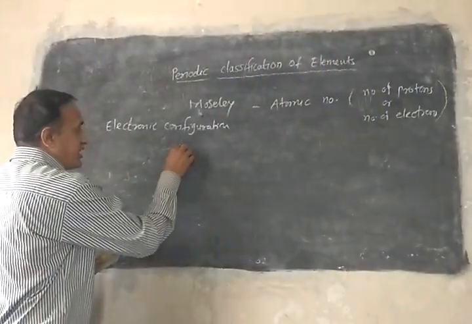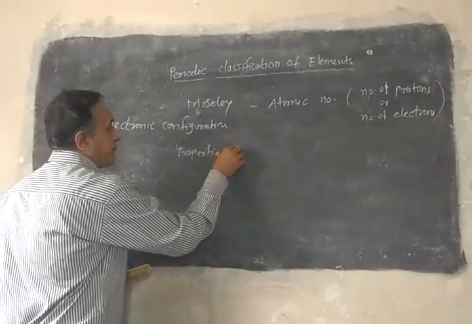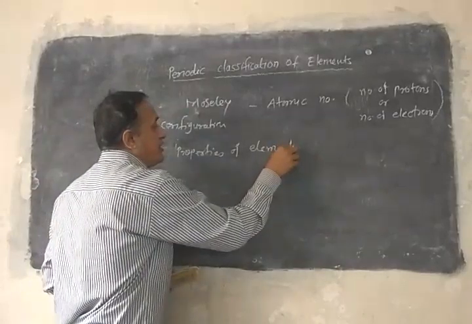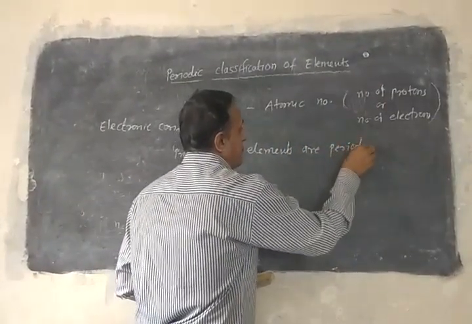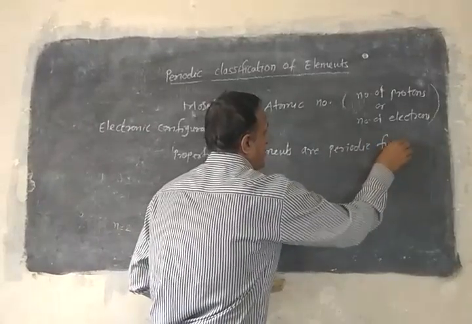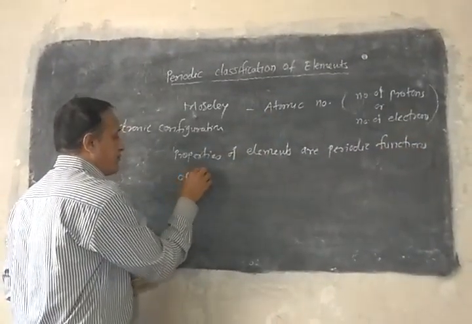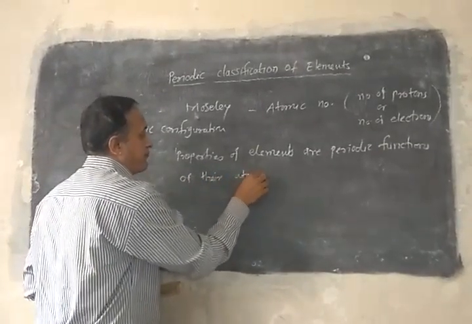So what he said is that the properties of elements are periodic functions of their atomic number.